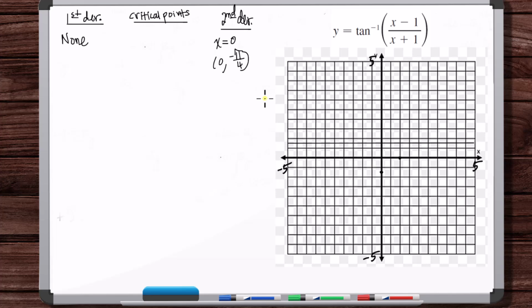All right. Now we need to do the intervals of increasing and decreasing, and the intervals of concavity. For the first derivative, we'll have 0 and then minus 1.